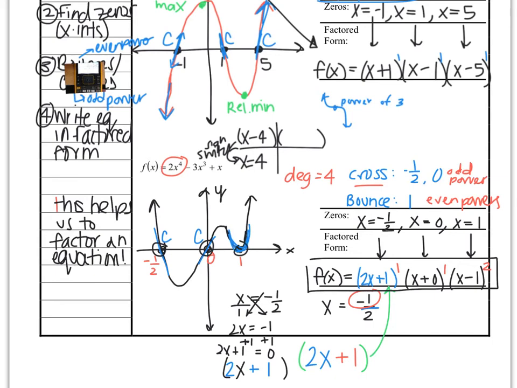Now, something I do want to point out is that in the calculator, this root actually showed up as negative 0.5 comma 0. I knew in my head that I wanted to change that decimal into a fraction, but it's important to recognize that you need to do that on your own. So you're going to change this decimal into a fraction.